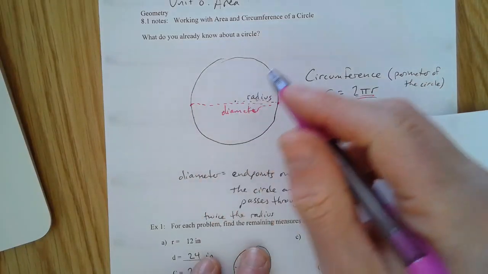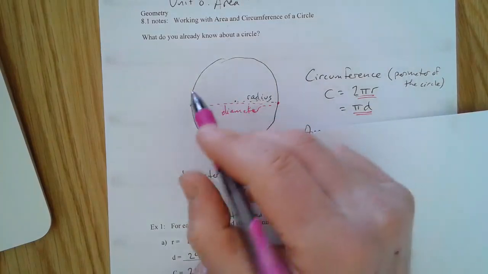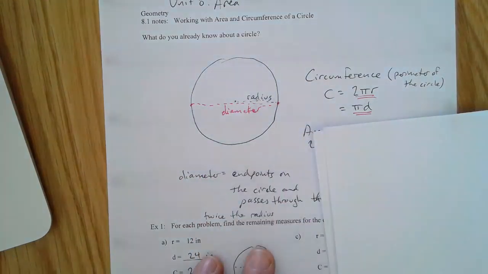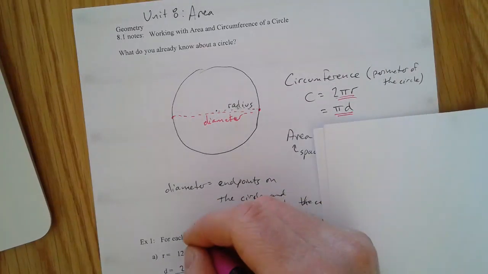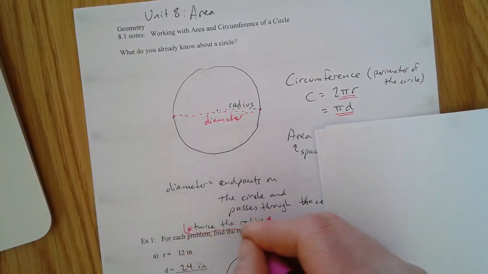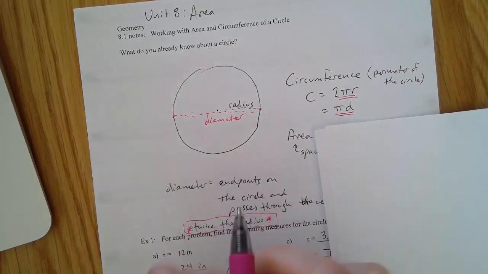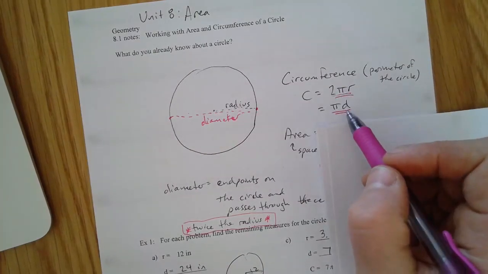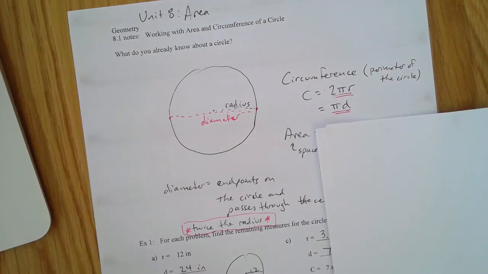The diameter also passes through the center. Also worth noting, and you definitely want to highlight it for yourself, is that the diameter is twice the radius.